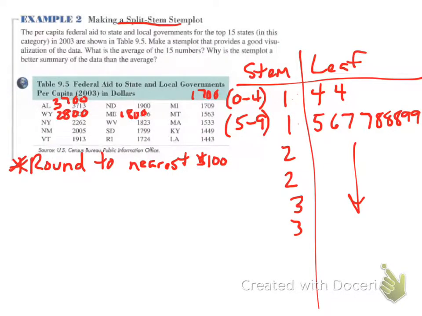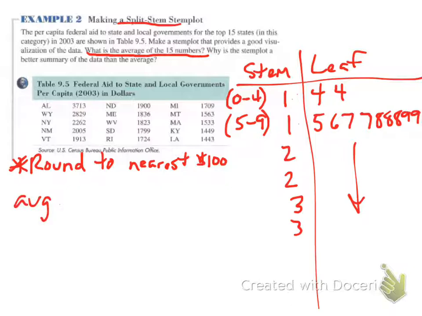Oh, we got to go back. It says, what is the average of the 15 numbers? Okay, so now what they want you to do is find the average. Well, you guys know how to find the average. Add all, now don't do the rounded ones, just do the actual numbers. So find your average.